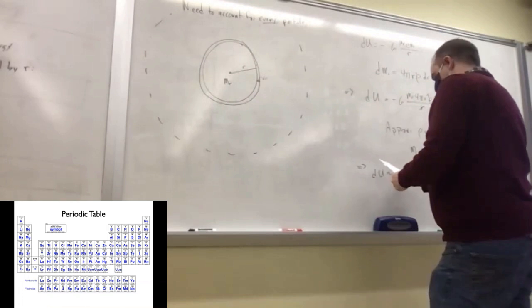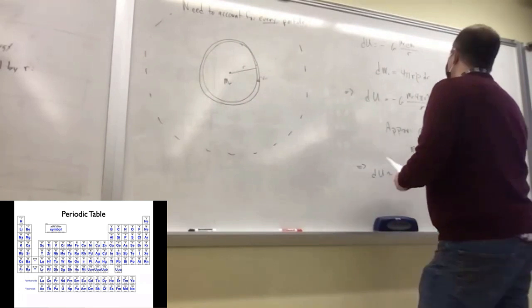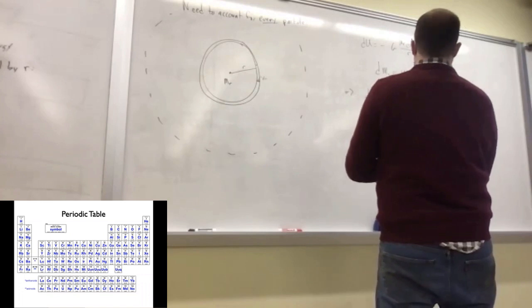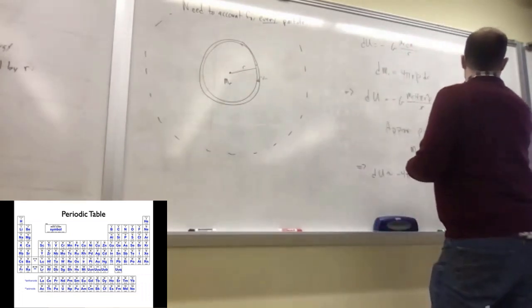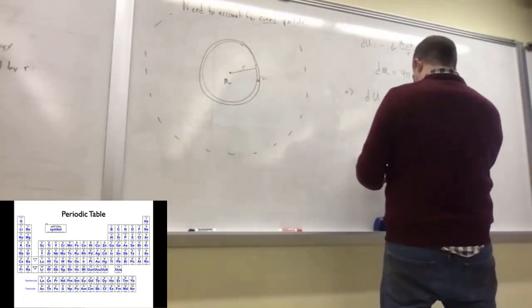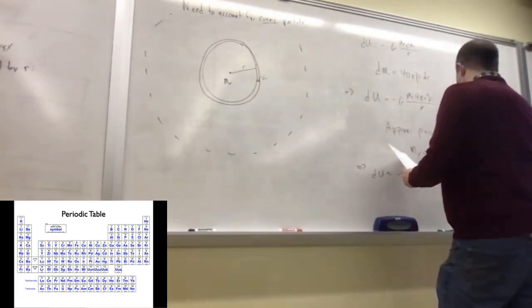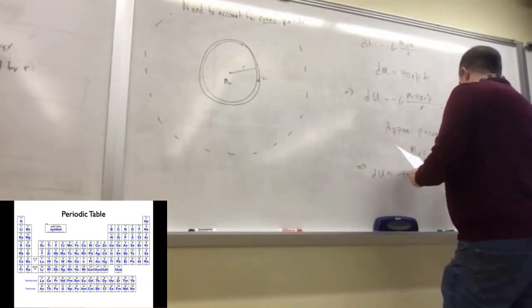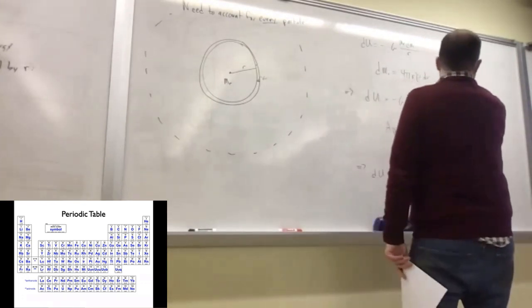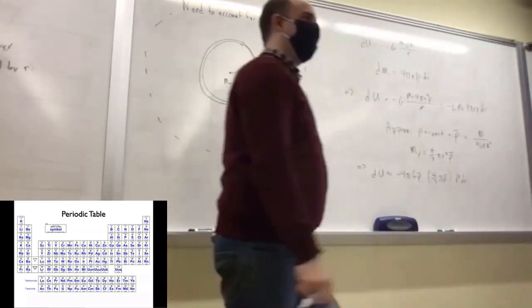So we've got negative 4 pi G rho bar, those are all constant. We've got our M of r, which is 4/3 pi rho bar. And we've got an r to the 4th now, dr. There's 1 that comes from here and 3 of them come from there.